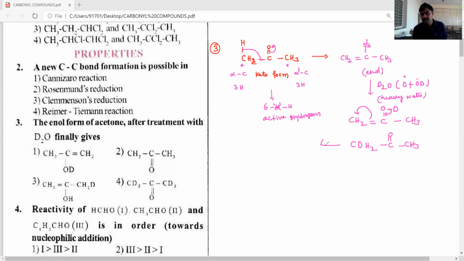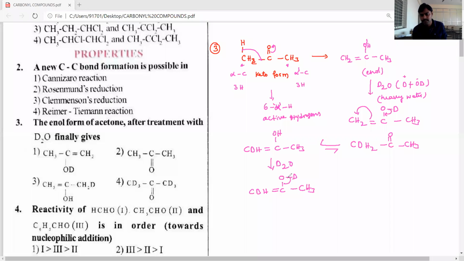Again this undergoes keto-enol tautomerism to form CDH=C(OH)-CH3. This is treated with heavy water, and again forms CDH=C(OD)-CH3.